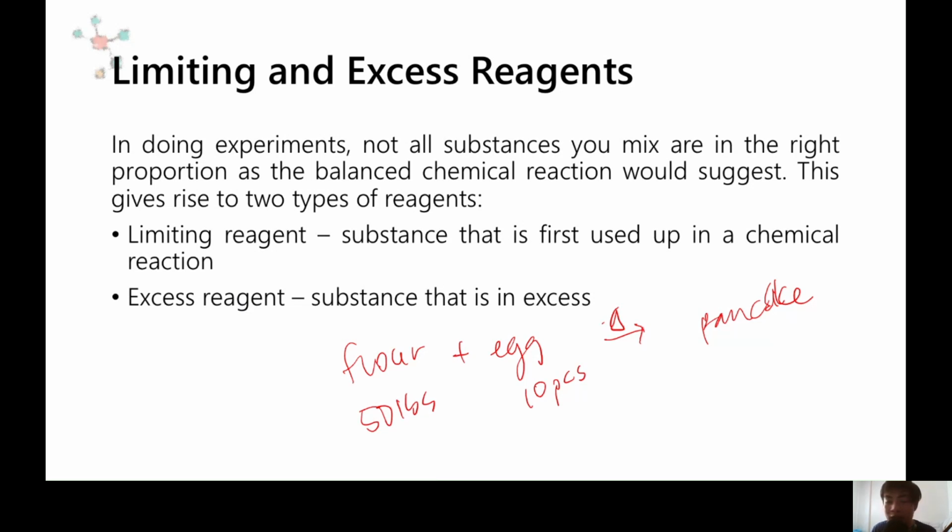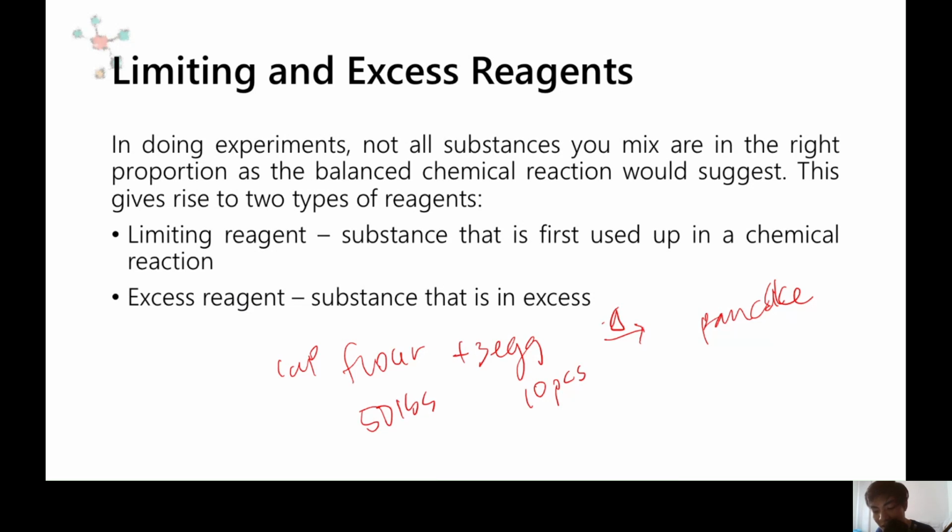Why? Because, let's say, kunwari ang recipe natin ay yung 1 cup ng flour, that's equivalent to 3 eggs, no? So, 1 cup of flour, 3 eggs, you will have pancake.